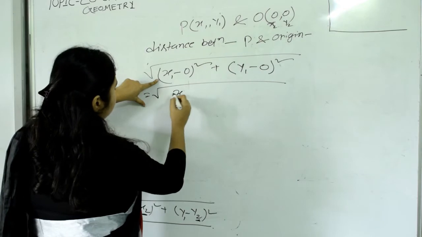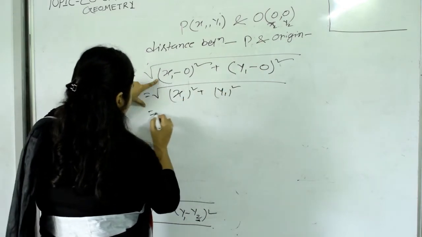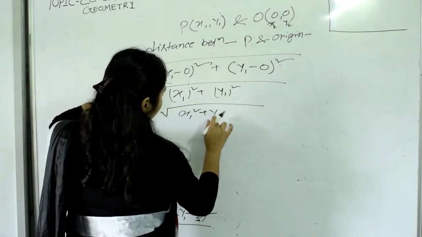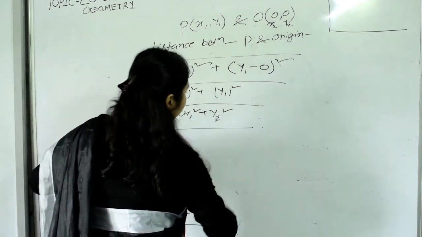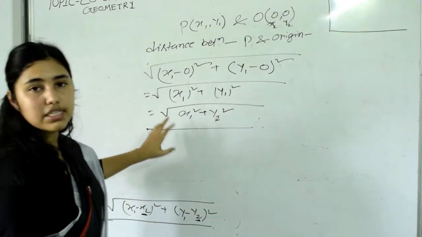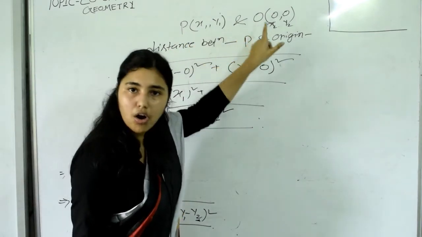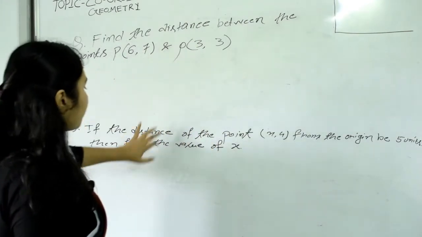So it will give us root of x1 square plus y1 square. So this is the formula. This is the distance formula between any point and the origin. Okay. Now look at these two problems.